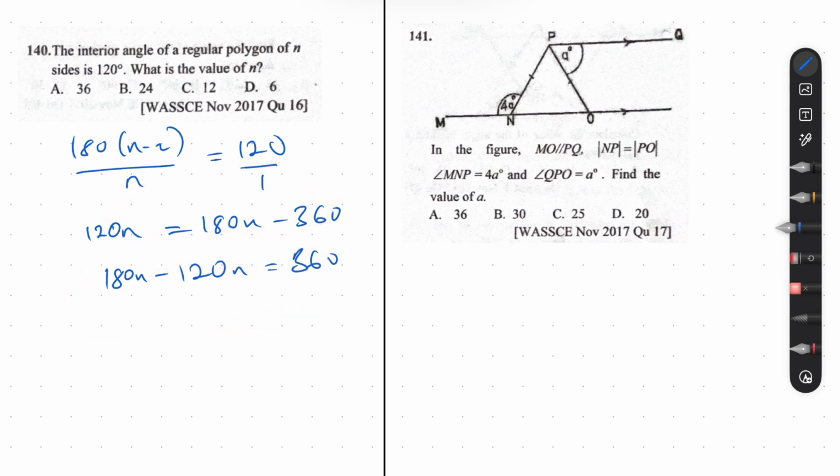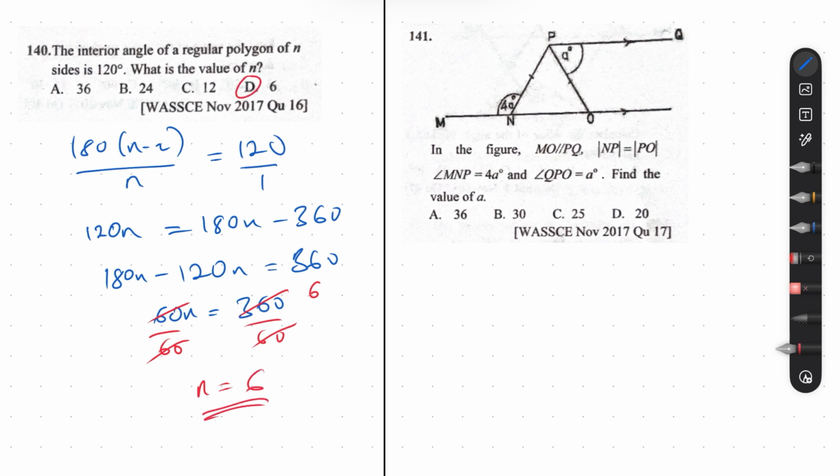So that means we would have 60n to give us 360. We can just divide by 60, and then we find our n. 60 cancels out, and 60 goes into 360 six times. So our n, which is the number of sides, is equal to 6, which is D.